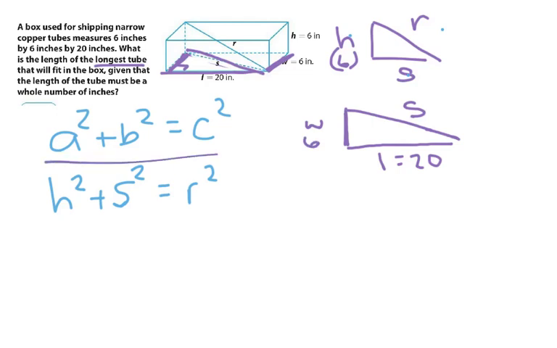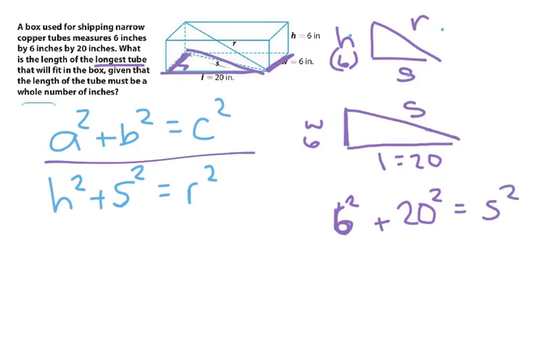Because a squared plus b squared equals c squared, we know that 6 squared plus 20 squared equals s squared, right?